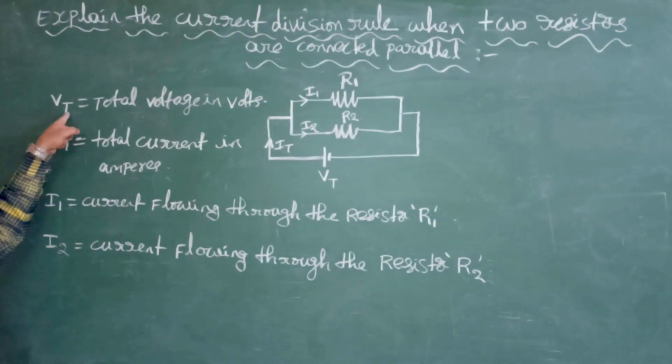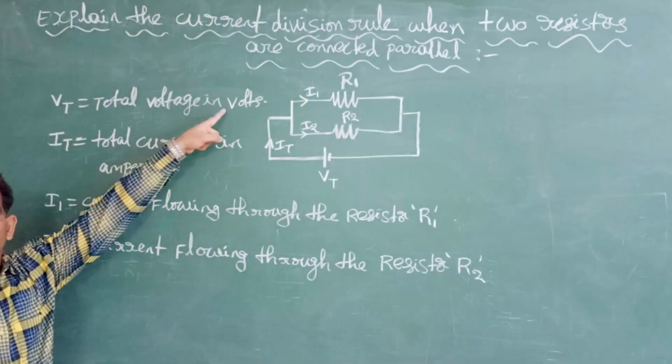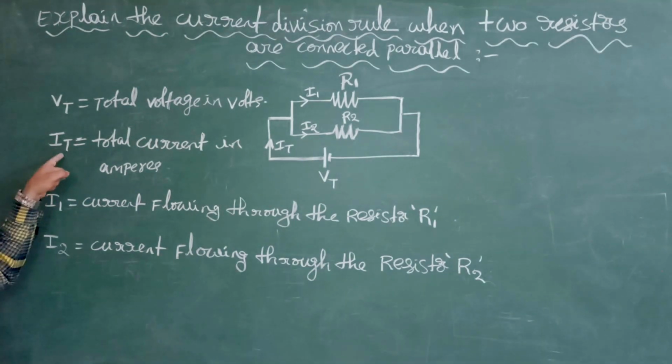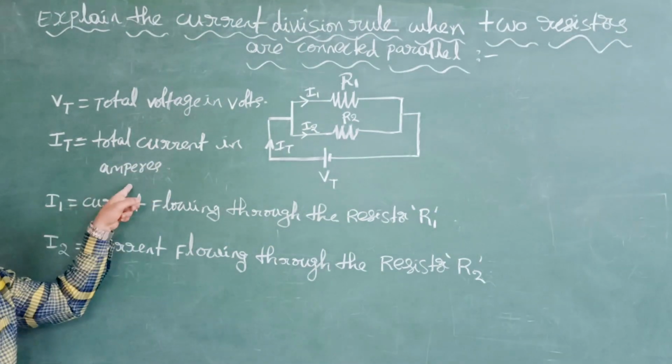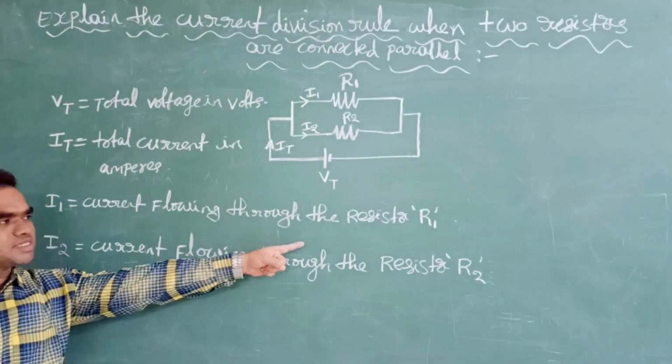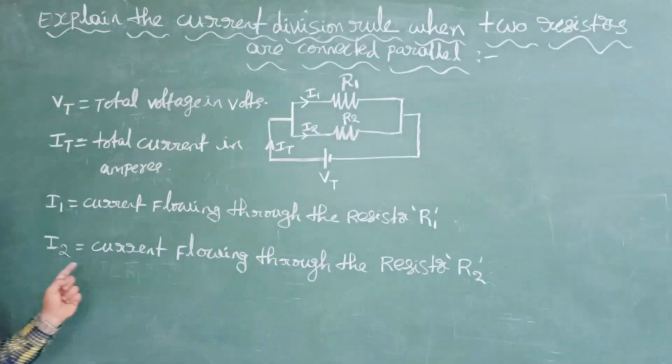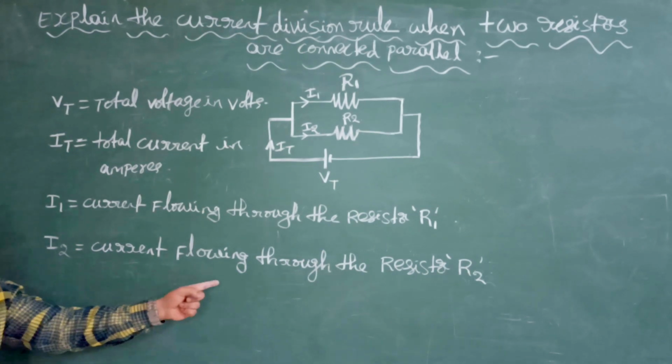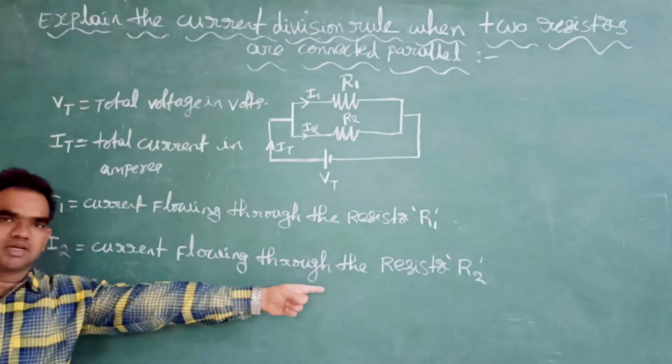VT means total voltage in volts. IT means total current in amperes. I1 means current flowing through the resistor R1. I2 means current flowing through the resistor R2.